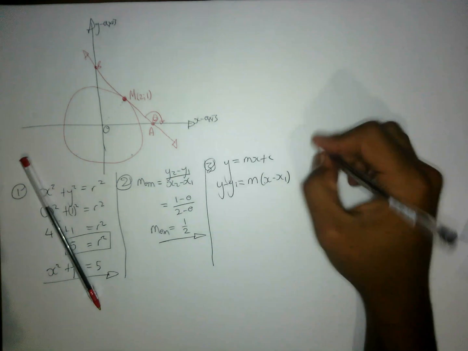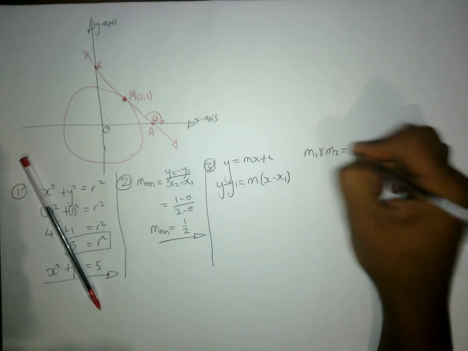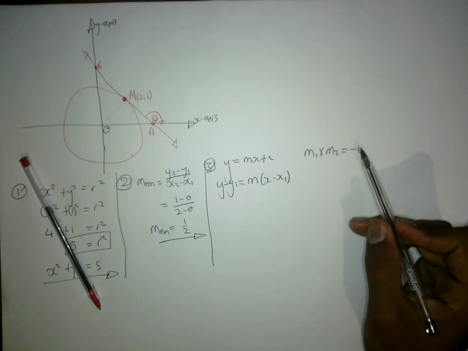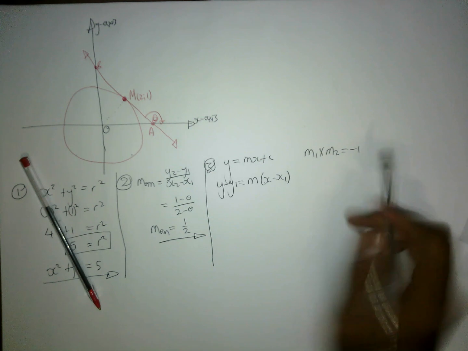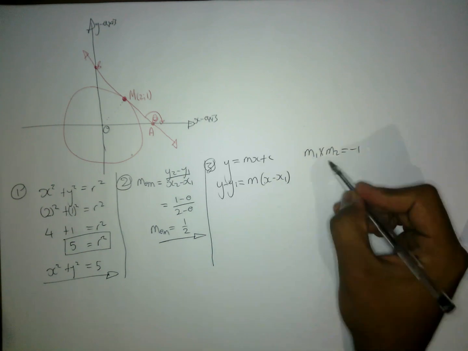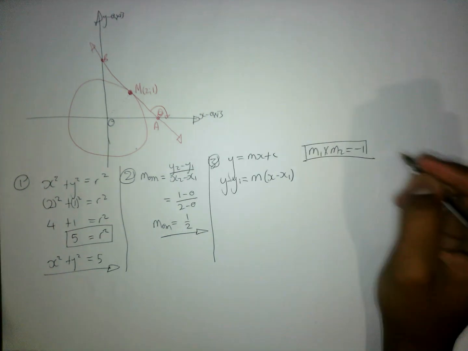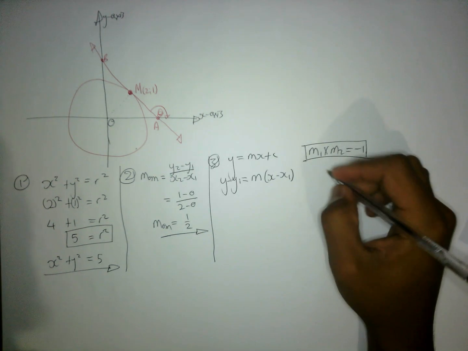So we know that for perpendicular gradients, the product must equal -1. But the shortcut, instead of doing a whole calculation, is this.